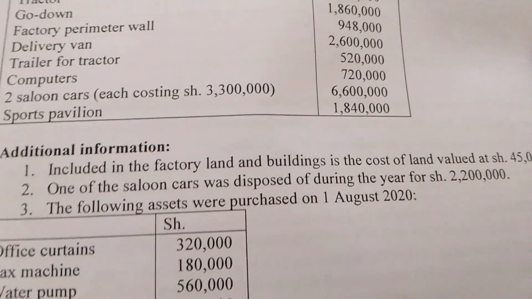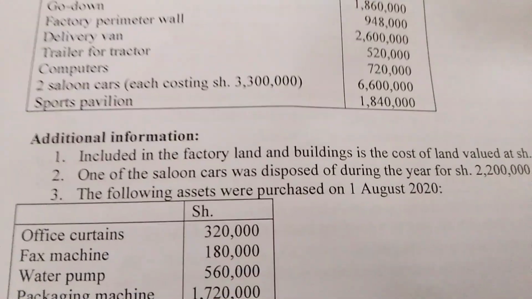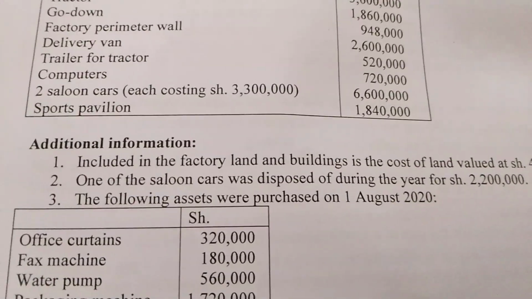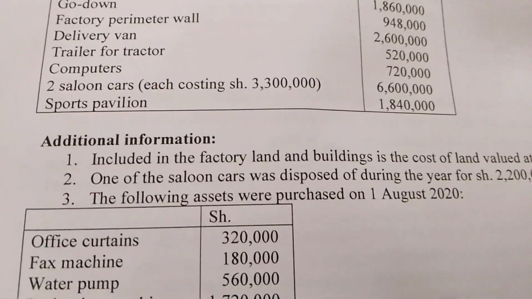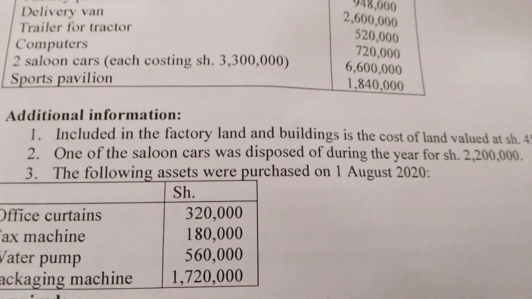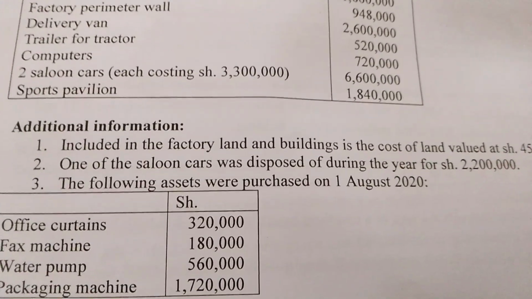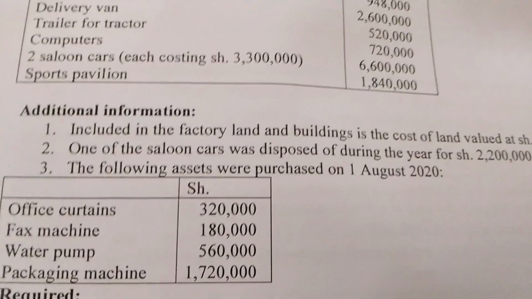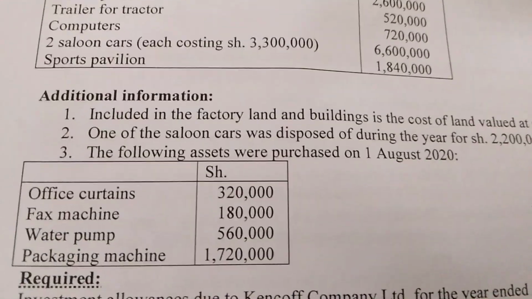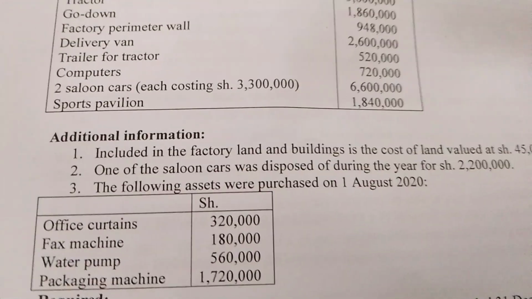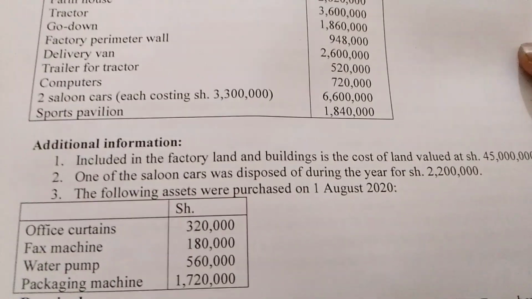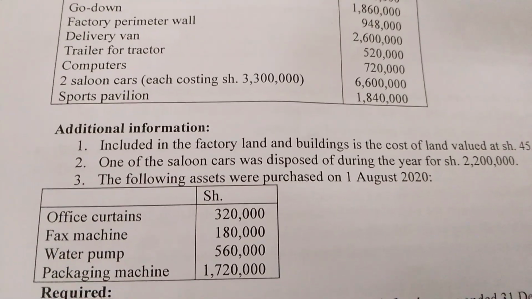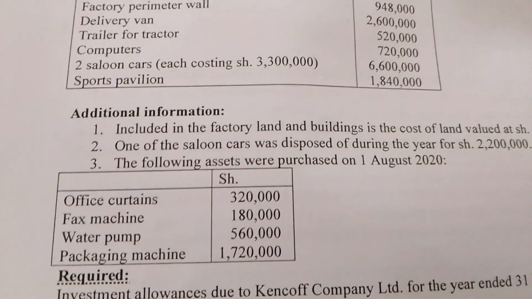If it was, for example, 1 million, we just take 1 million. 1.9, you take 1.9. If you are told the cost is 3.2, you just take 3 million. If you are told 5 million, you just take 3 million. So the restricted amount for the purpose of capital allowances for non-commercial vehicles is 3 million.